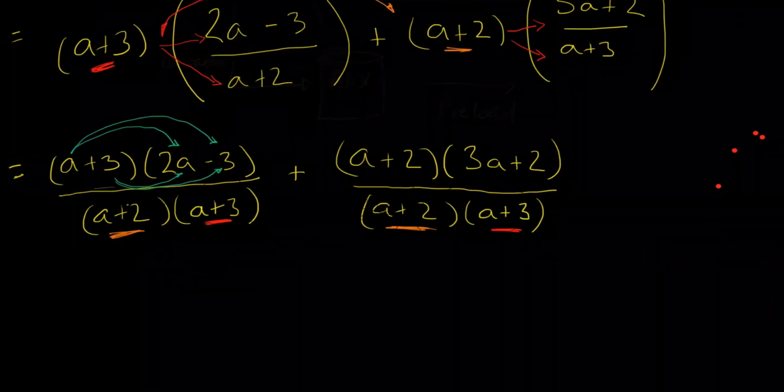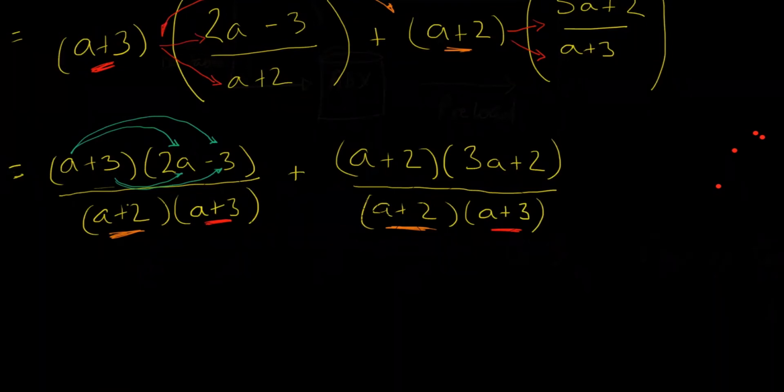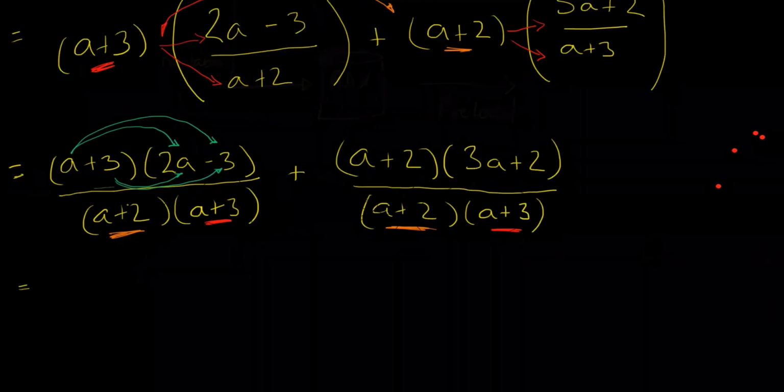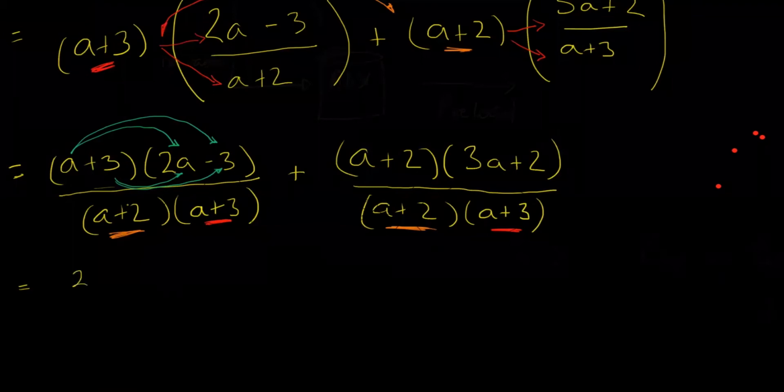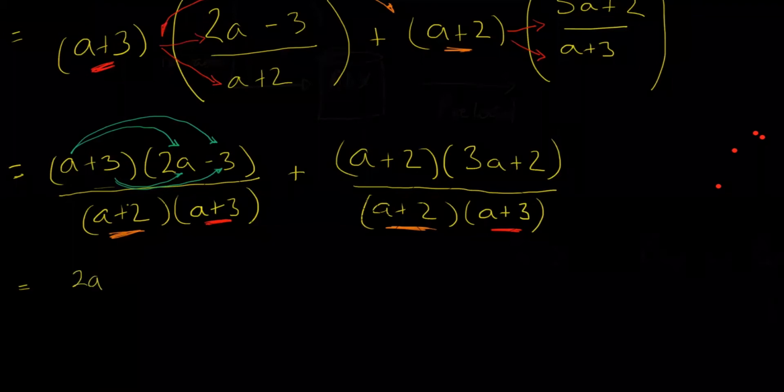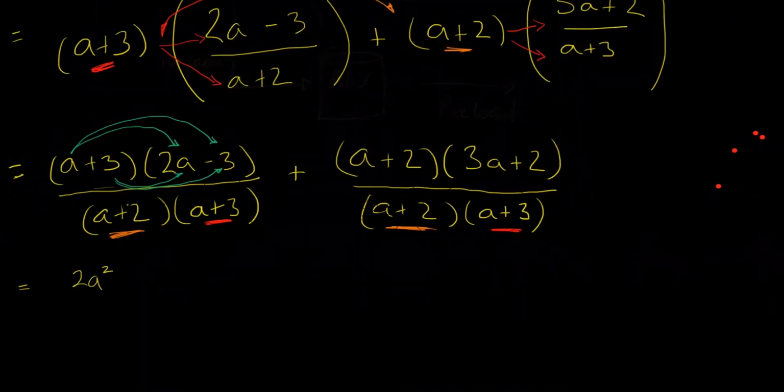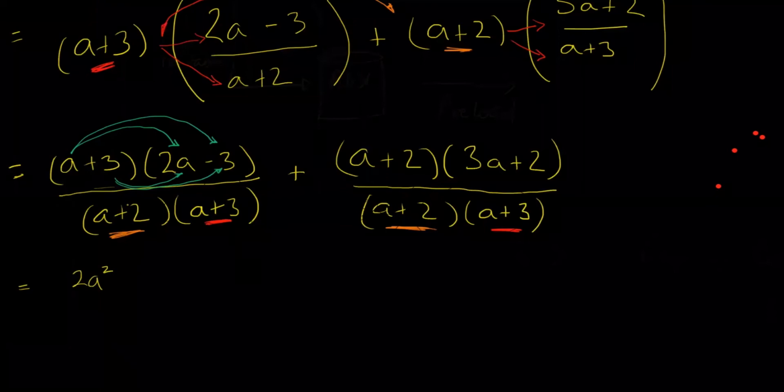So what's a times 2a? A times 2a is equal to what? Oh, 2a squared. Okay, 2a squared, because I've got an a times an a. What's the next term?